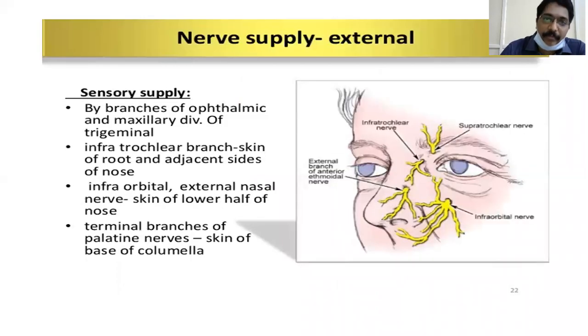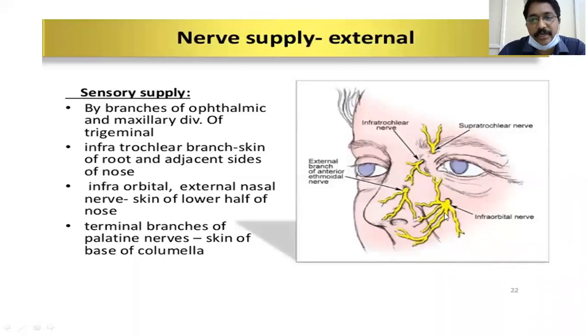Coming to the nerve supply. Externally, the sensory supply: see this one, the infratrochlear nerve, a branch of the ophthalmic nerve. The upper 1/3 of the external nose skin is supplied by the infratrochlear nerve.